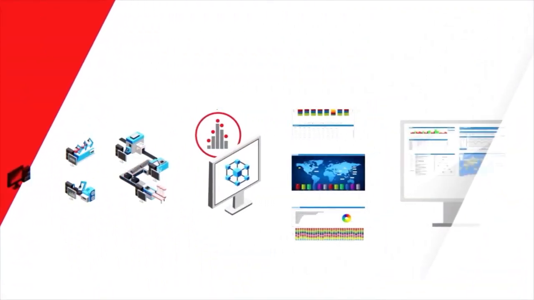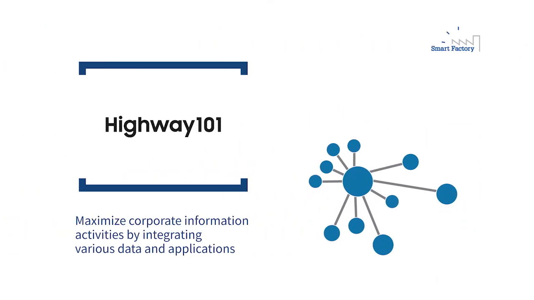decision-making by management. Highway 101 is an enterprise application integration software that integrates different applications and systems operated by companies such as ERP, CRM, and SCM.